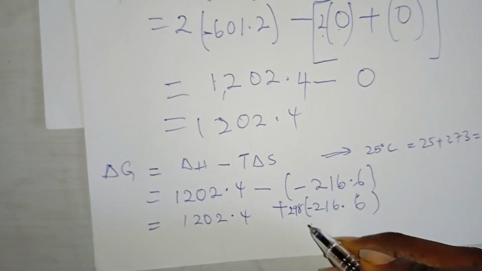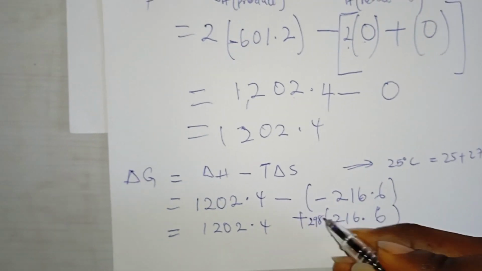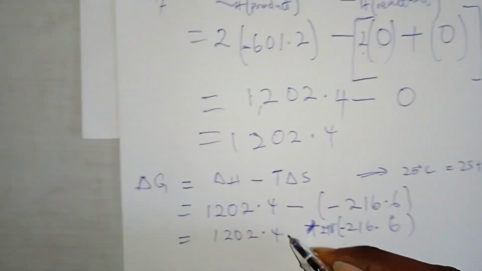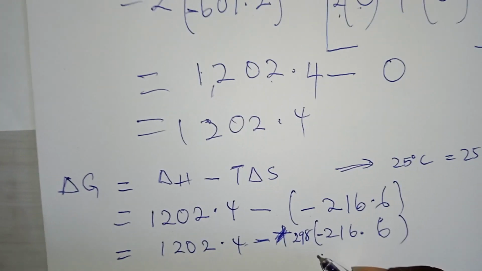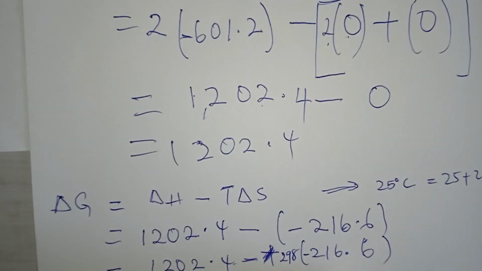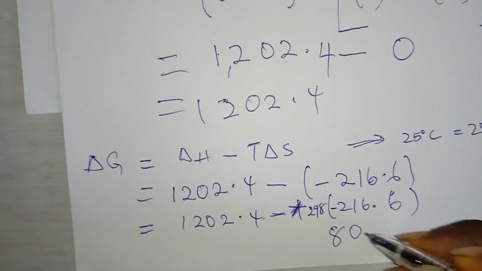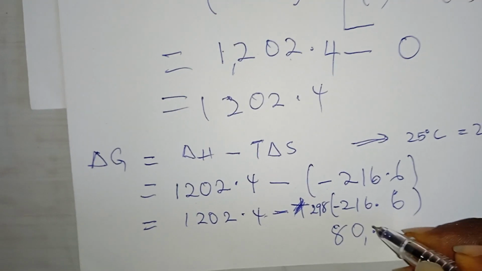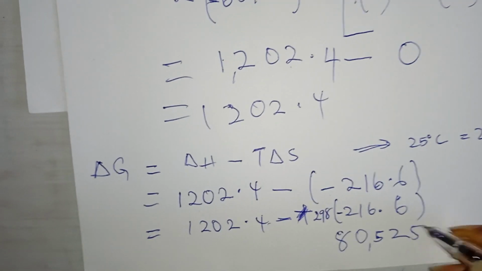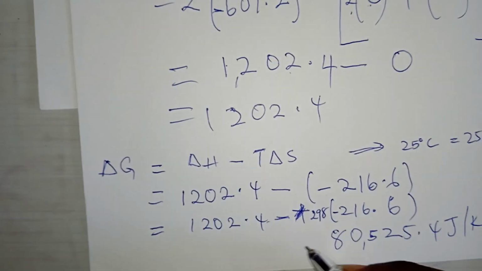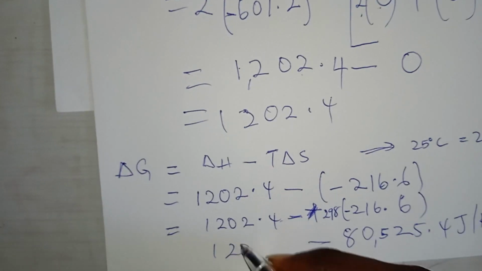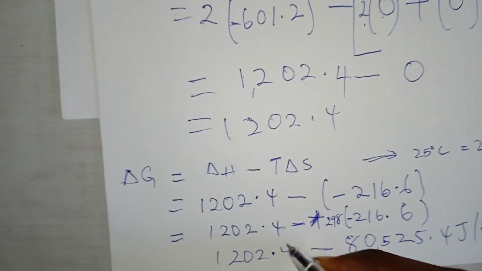So if I multiply, everything here should give me 80,525.4 in joule per Kelvin, minus 1202.4.